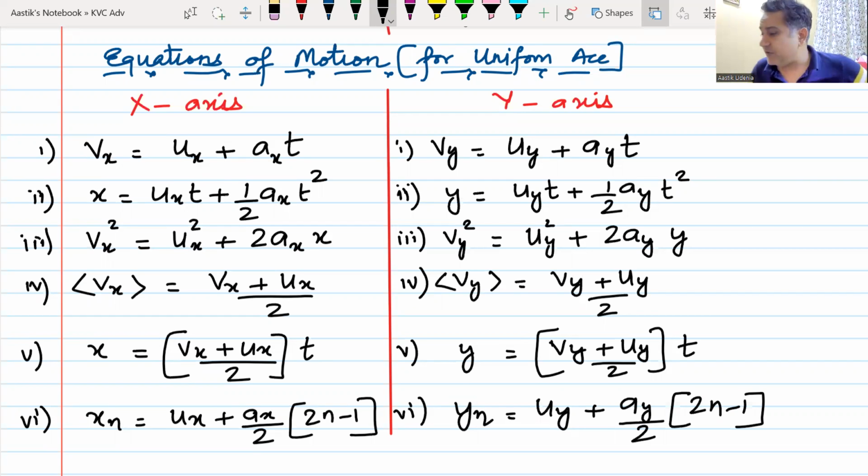But as soon as we hear the term motion in 2 dimensions, which type of motion generally comes to your mind? What is the type of motion that comes to your mind when you think about motion in 2 dimensions? Yes, my dear friend. What is the first?